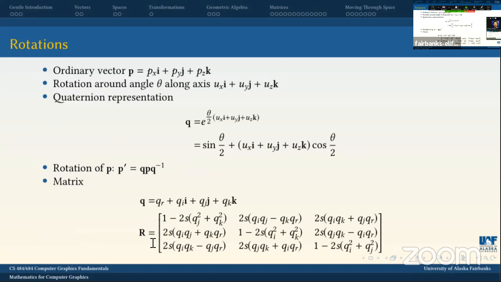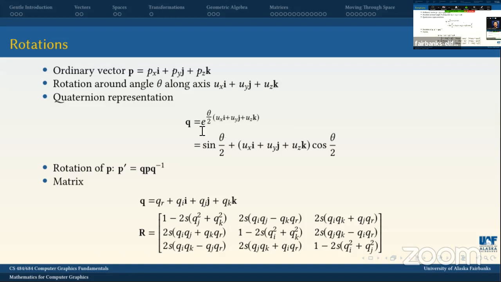All right, so here's what happens. If we had an ordinary vector, px, py, and pz, and we wanted to rotate it by an angle theta around the axis represented by B, C, D, but I'm going to call it ux, uy, and uz just so we understand what's going on here, then the quaternion representation uses Euler's equation, which we can expand out.